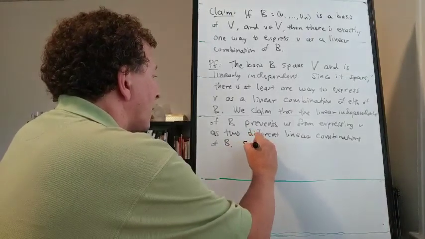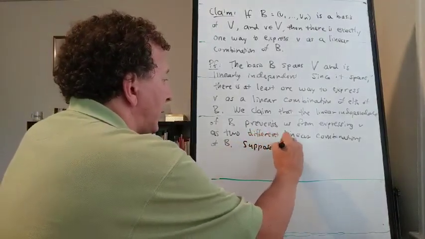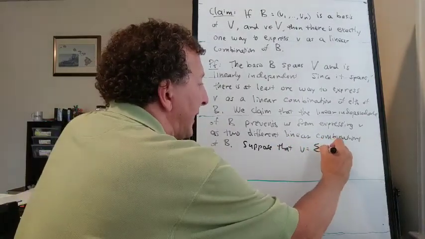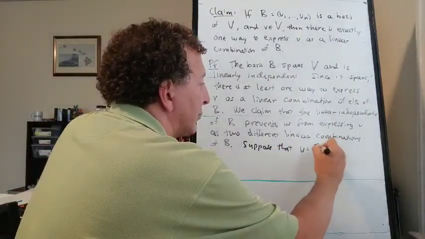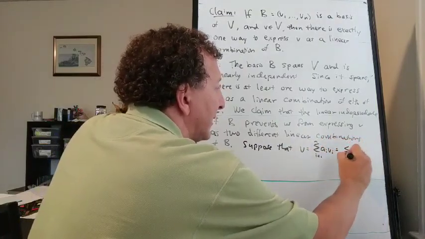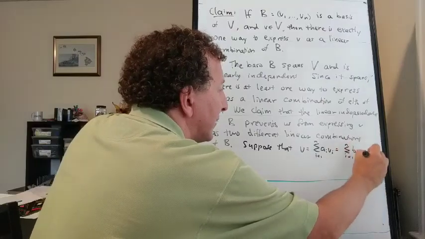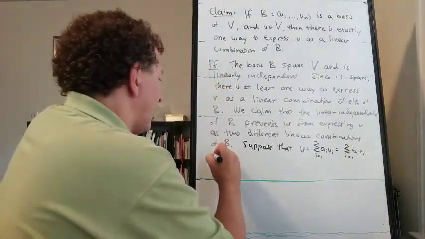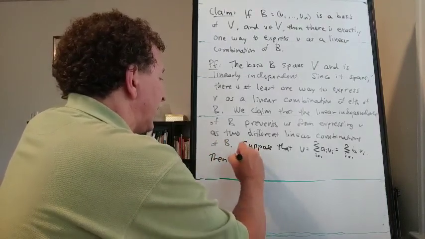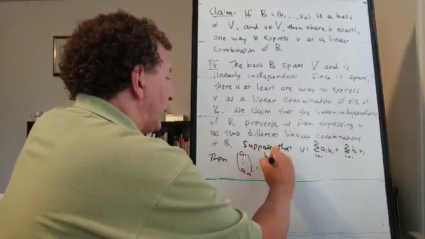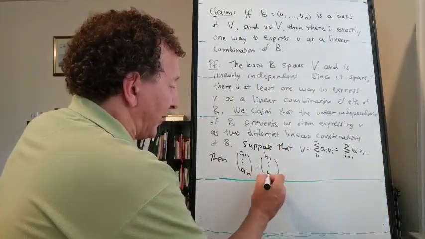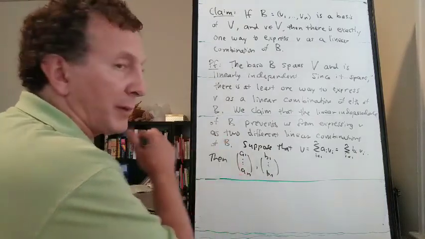So suppose that v can be written as a sum of a_i v_i as i goes from 1 to n, and as a sum of b_i v_i as i goes from 1 to n. Then a1 through an and b1 through bn are two different and valid coordinate vectors of v with respect to the basis.